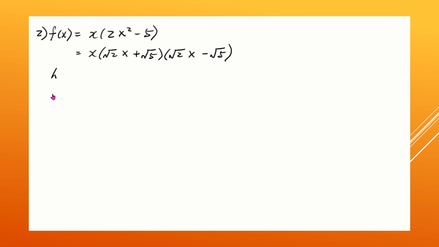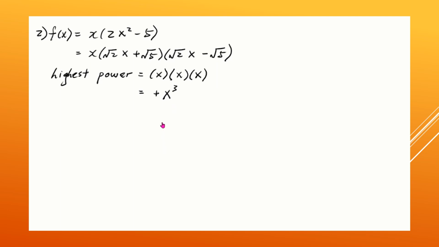Next, we need to find out the highest power of the function. So we just multiply the x from each factor, and we find that it is positive x to the power 3.